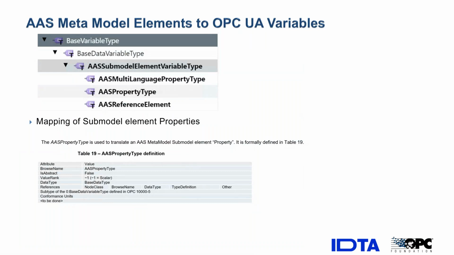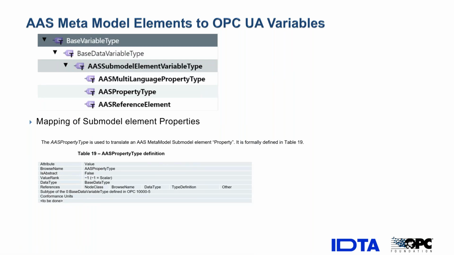It's more an example, but it's a very general one. So from the different elements that we have in the AAS meta model, most of them we can directly, let me say, map or translate to two base mechanisms of OPC UA, and that is elements that have a value. They can be mapped to OPC UA variables or subtypes of variables.